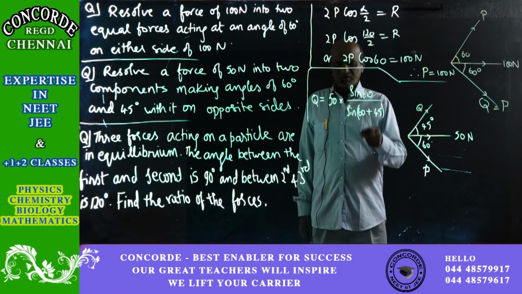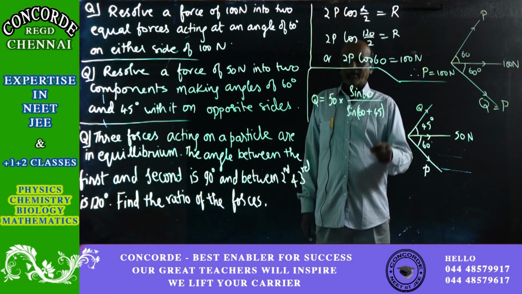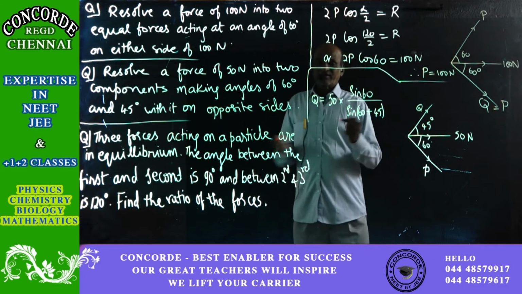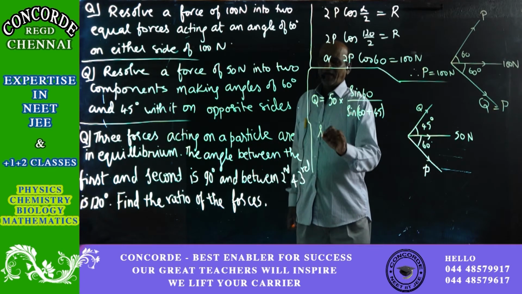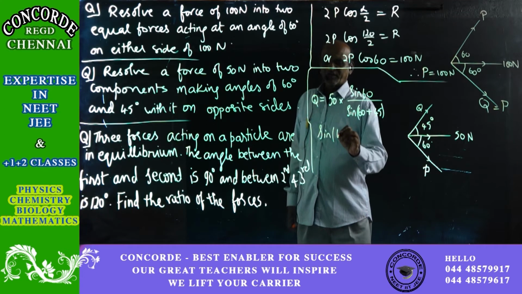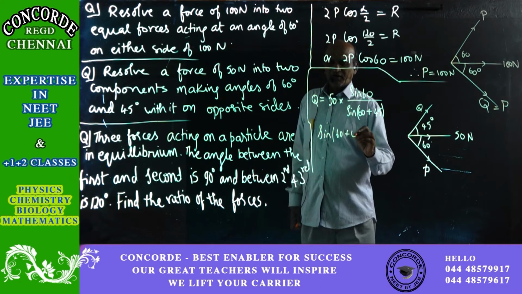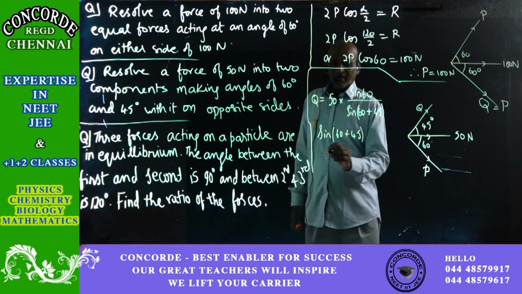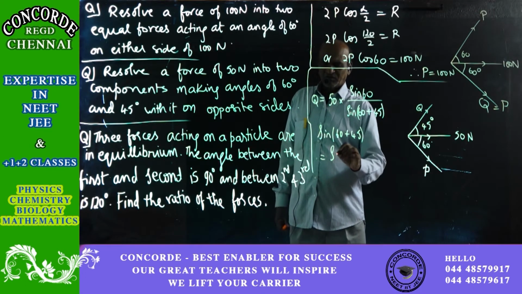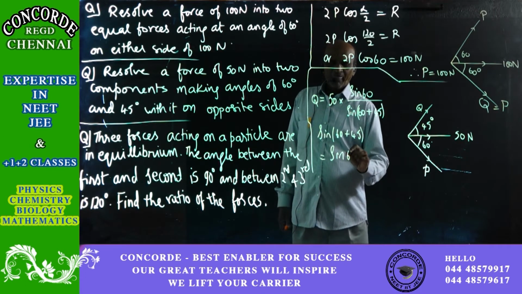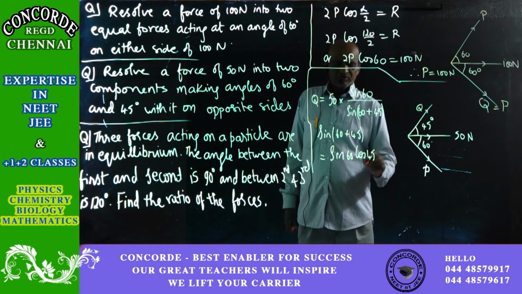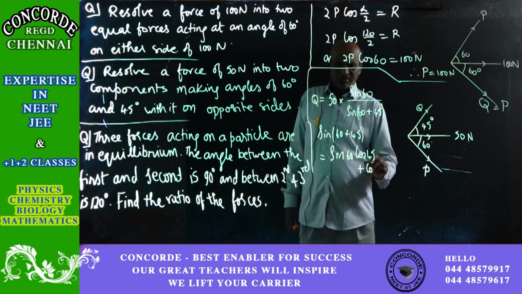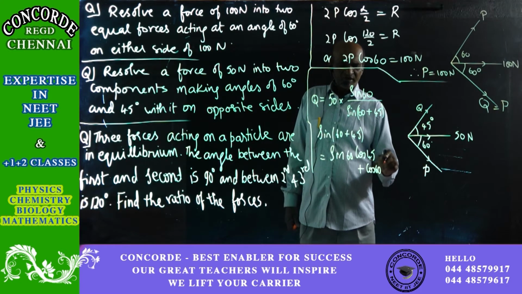We can also simplify it directly for getting the result. We will see it separately. What we need to do is sine 60 plus 45 is equal to sine 60 cos 45 plus cos 60 sine 45.